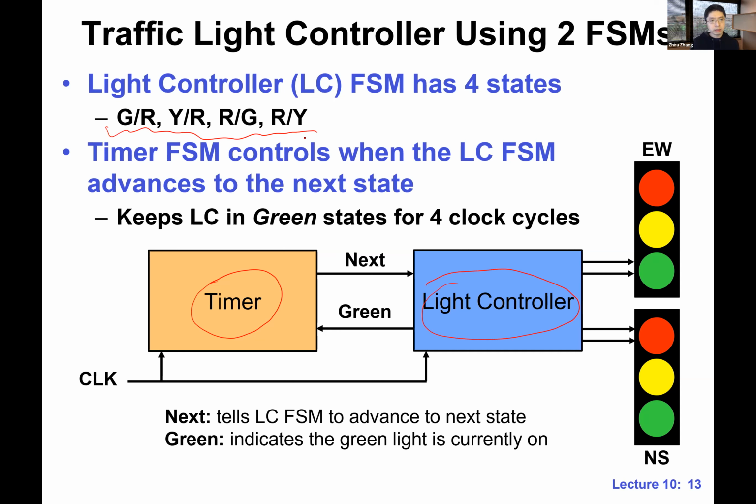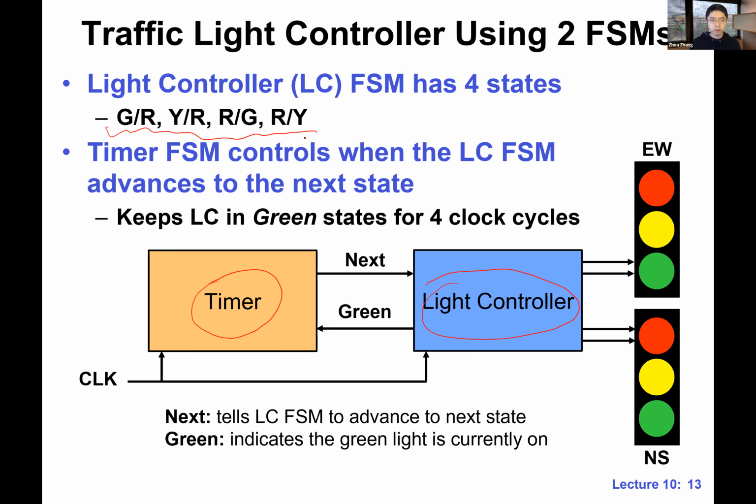Once we have this decomposition, we end up with only 8 states. Make sense? 4 states for the light controller, we'll call it LC, and 4 states for the timer.